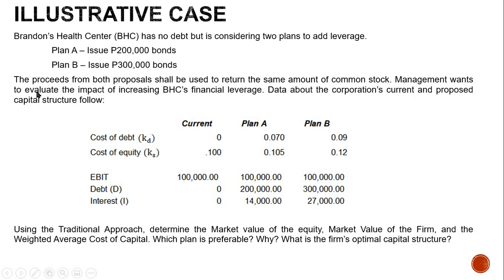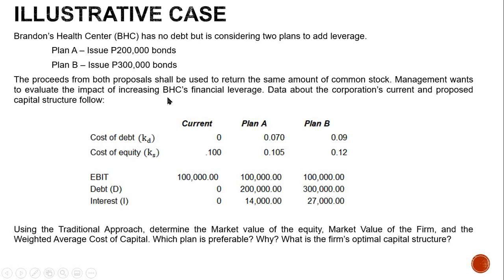So management wants to evaluate the impact of increasing BHC's financial leverage. Data about the corporation's current and proposed capital structure are as follows. Okay, so again, ito na nga, no? So yung current capital structure niya is zero debt, okay, kaya zero cost of debt, and the cost of equity is 10%, 0.10.